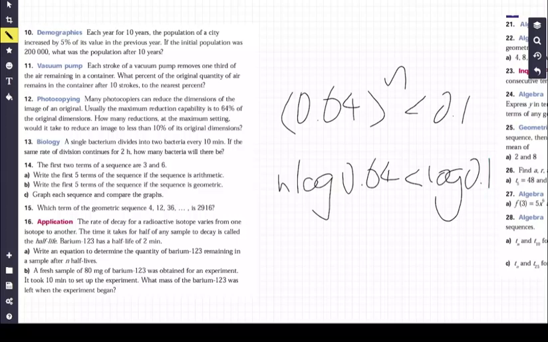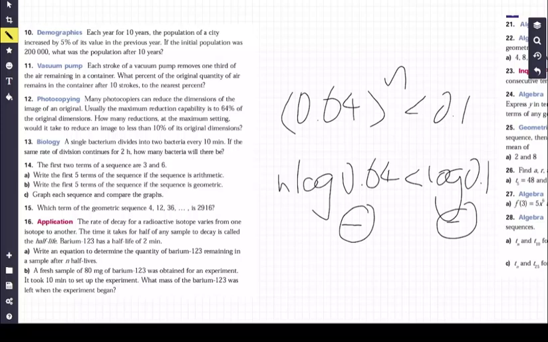Essentially, we divide both sides. However, we will realize that both of these are negative. This is negative, and this is also negative. So negative over negative, essentially we will have to flip the sign.